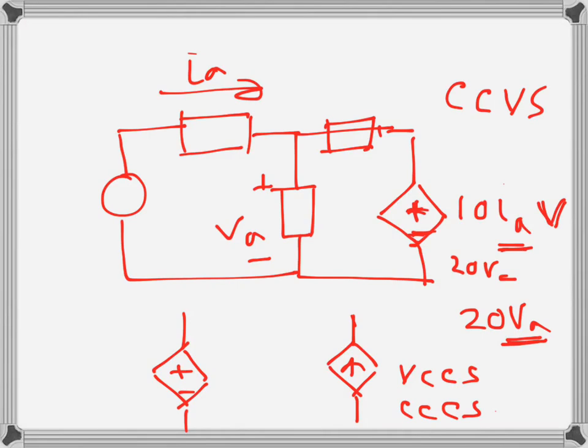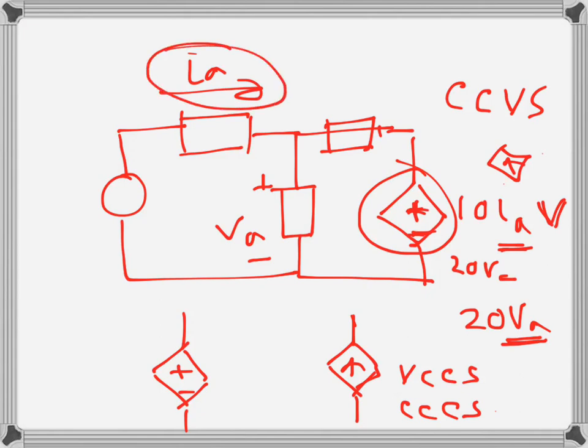I won't draw that, but I hope it's understandable that we could have a current source here, and the value of the current, then we would have the symbol like this, or downwards. The arrow could be downwards as well, depending on the direction, but the value could be, let's say, 10 IA again, which would be a current controlled current source, and the controlling current would be this, or it could be, let's say, 20 VA or 15 VA. Then it would be a voltage controlled current source, and the controlling voltage will be this one.